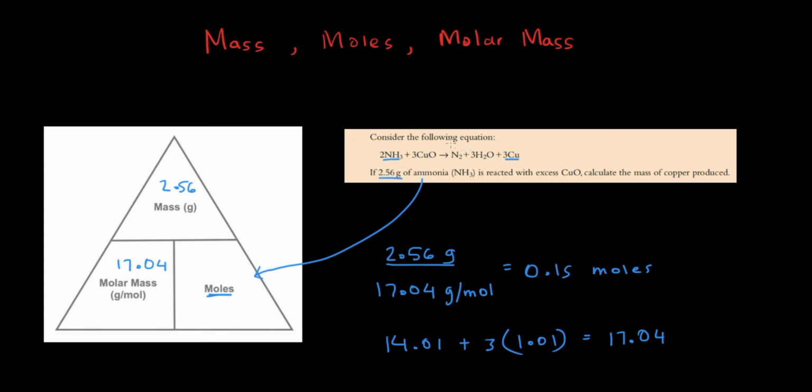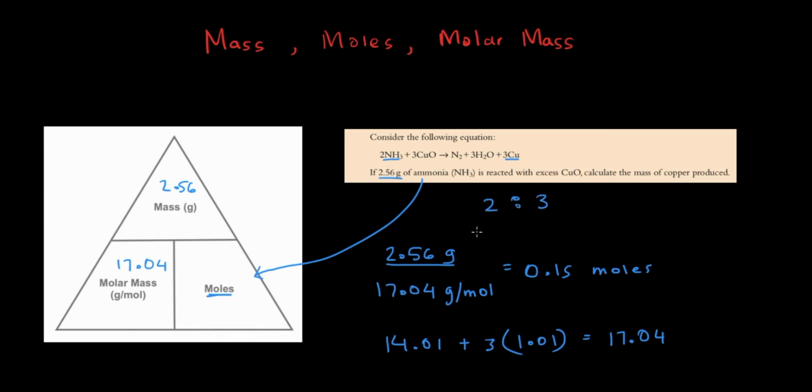With this, we can calculate the moles of copper. We see that there are 2 moles of NH3 and 3 moles of copper produced. So for every 2 moles of ammonia reacted, 3 moles of copper are formed. That means the ratio is 2 to 3.